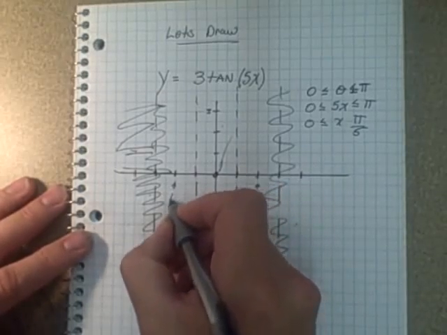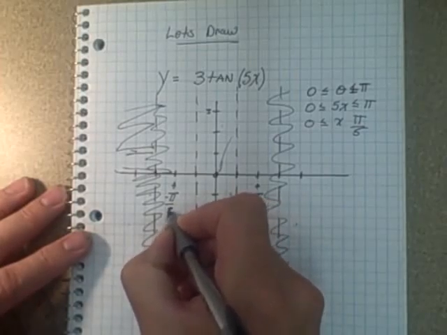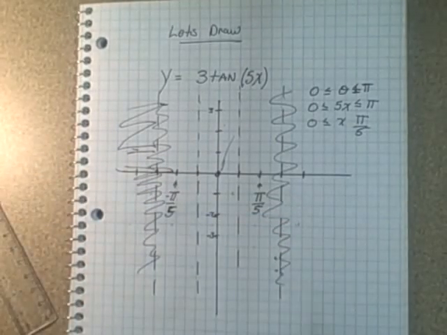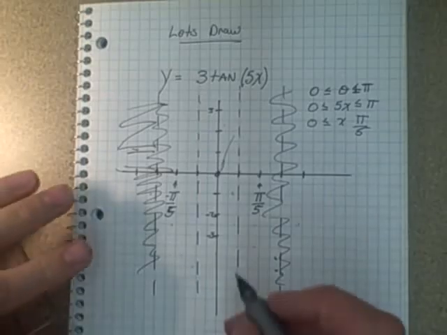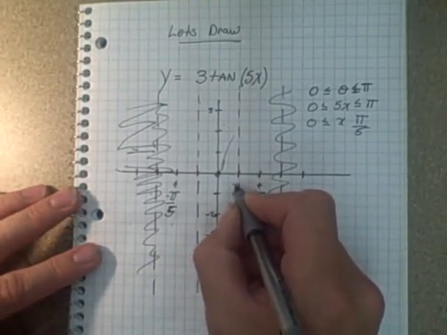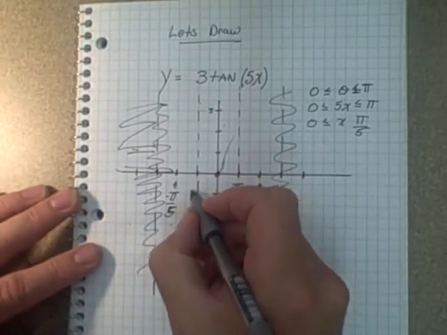And this one becomes negative pi over 5. Because that would be a regular, oops, I put a 2 there. Okay, and then what's halfway between pi over 5 and 0? Well, that's negative pi over 10, right? And this one is negative pi over 10.